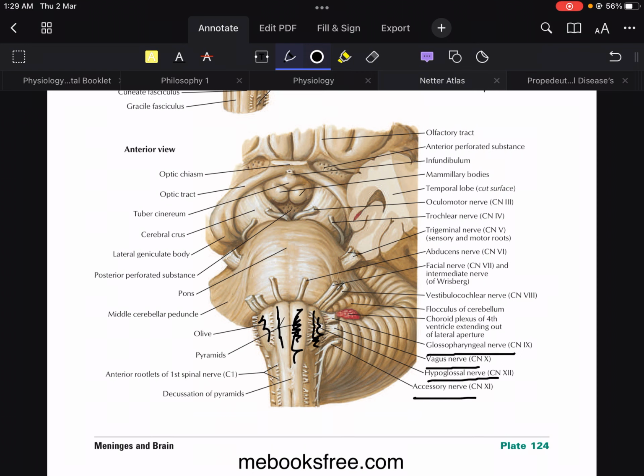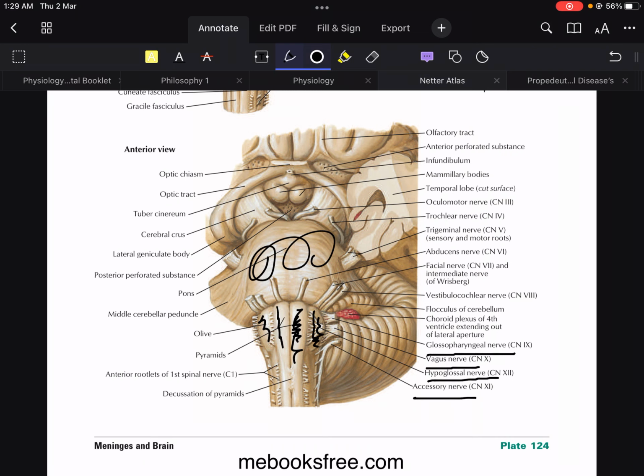The next part in our brainstem is the pons, which is this part. Again, four nerves exit from the pons: number 5, number 6, number 7, and 8.